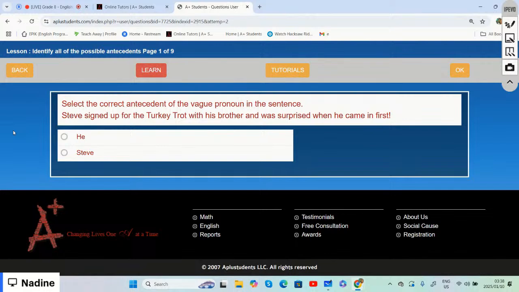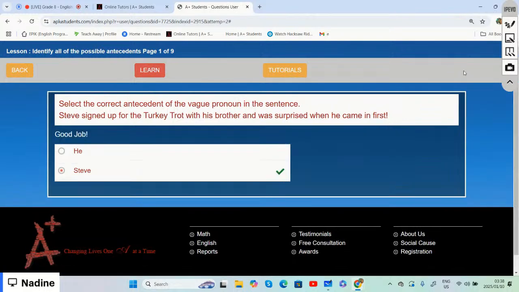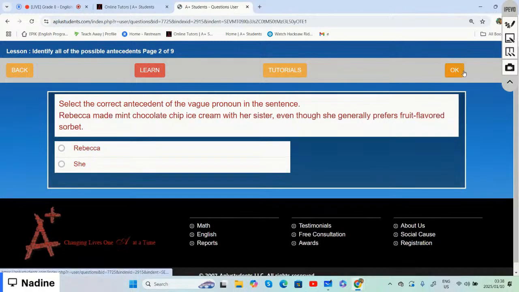And if we were to choose the correct antecedent of the vague pronoun reference, then Steve is our antecedent.